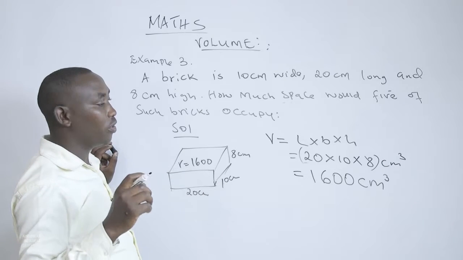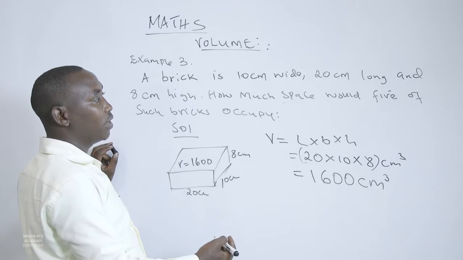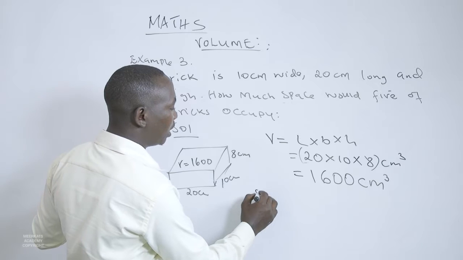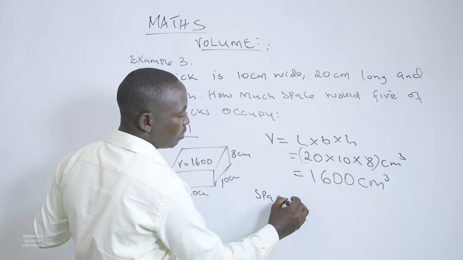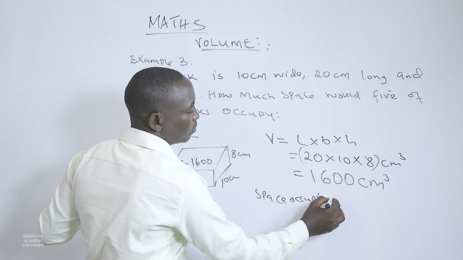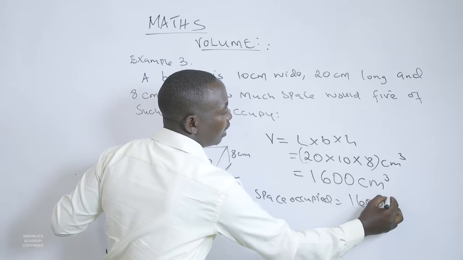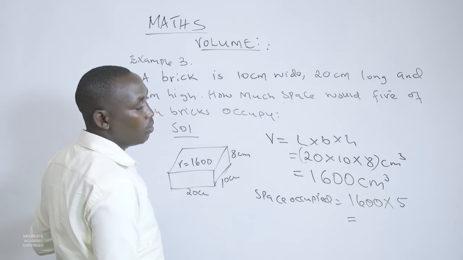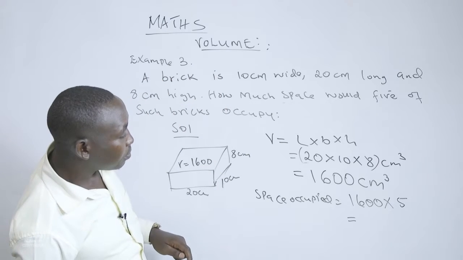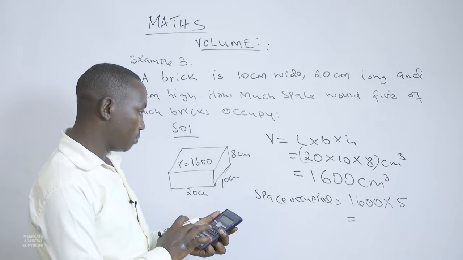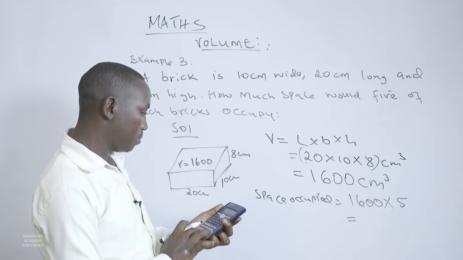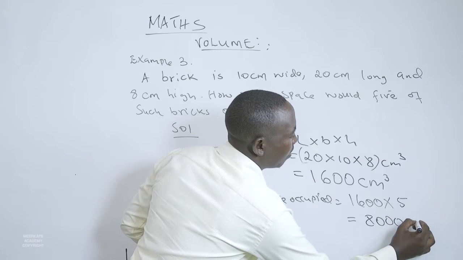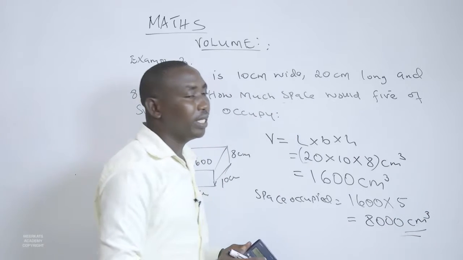So in the case that we have 5 of them and they are similar, in terms of the shape and also the dimensions, then we simply multiply the result here by 5. So the space occupied by 5 will be 1,600 cubic centimeters multiplied by 5, which will give us 8,000 cubic centimeters.